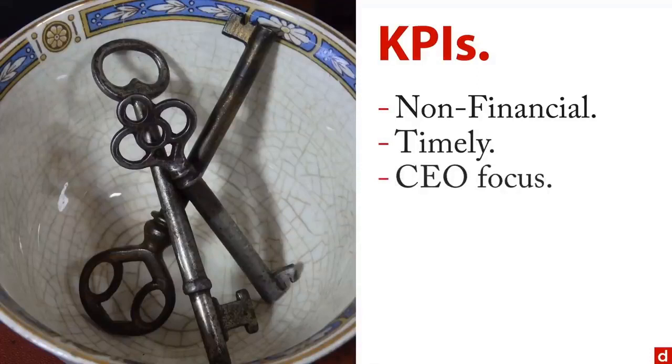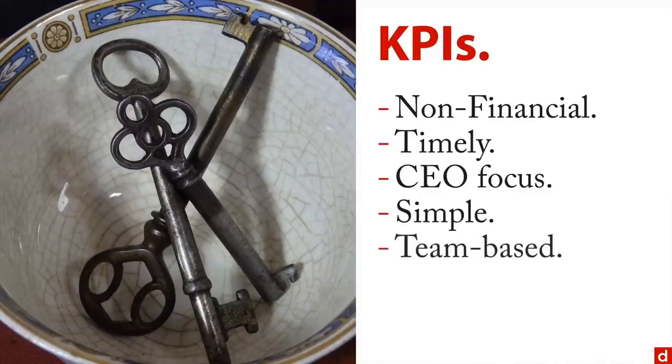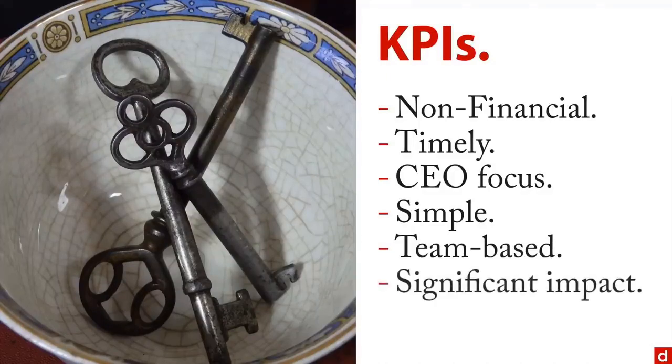They should have a CEO focus. So the senior management team are the ones who generally make the decisions that affect how the organization acts on the KPIs. They should be simple. So everybody in the organization knows what they are and knows what to do about them. They should be team-based, so teams can take joint responsibility for meeting each one of the KPIs. They should have significant impact.